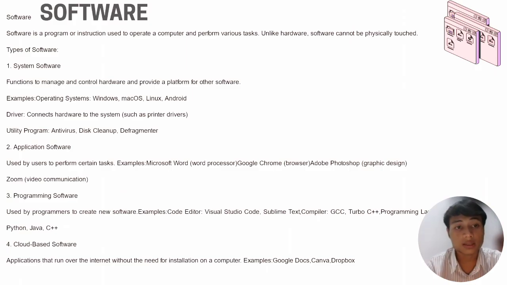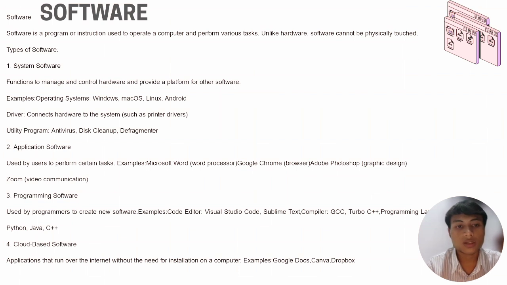Software is a program of instructions used to operate a computer and perform various tasks. Unlike hardware, software cannot be physically touched. Types of software: 1. System software.